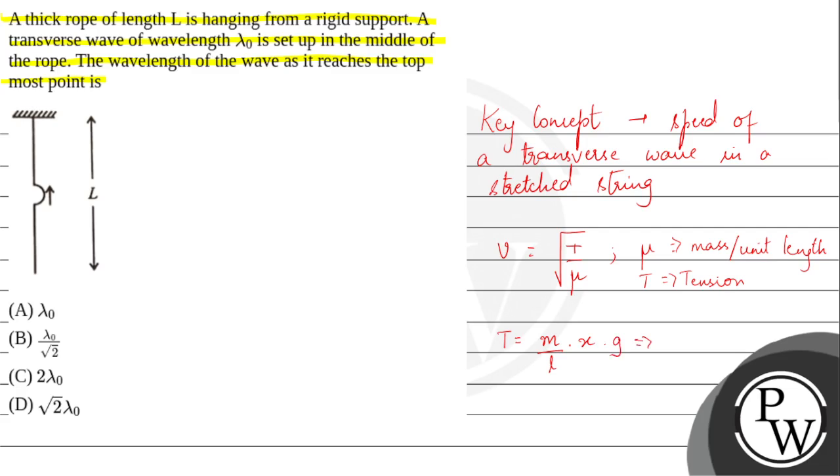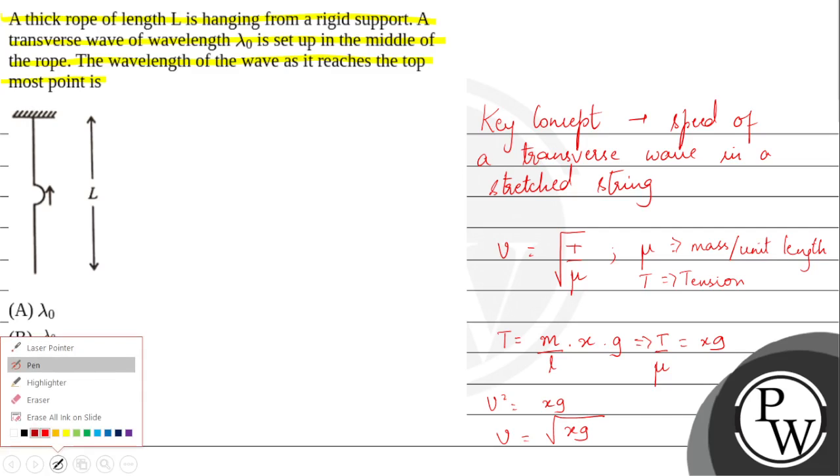So this becomes T by mu, where m by L is the mass per unit length, is equal to x into g. पर हम जानते हैं कि T by mu is nothing but v squared. So v squared is x g, or else we can write the velocity as square root of x into g. तो अभी इस x को हम जो लेंथ का वैल्यू हमें चाहिए उसको लगा के we can always calculate the velocity of the transverse wave.